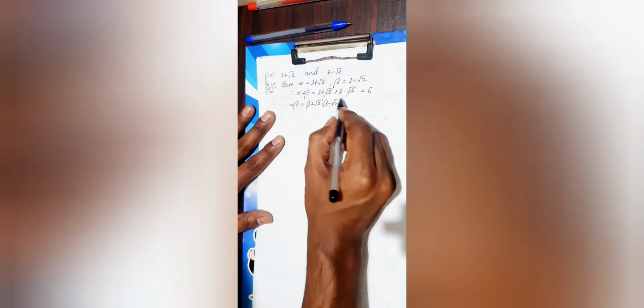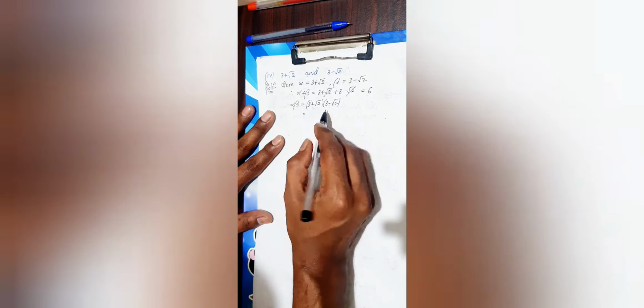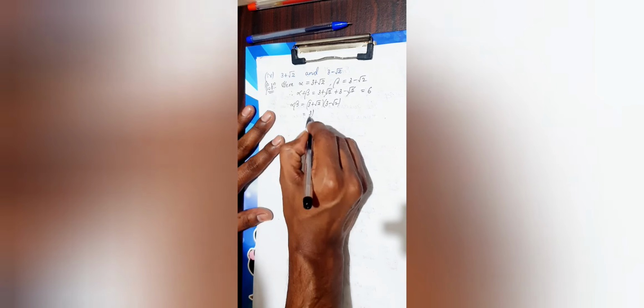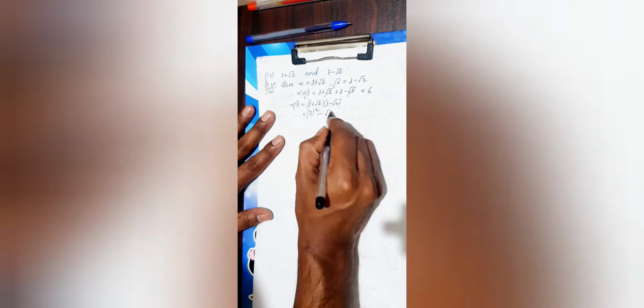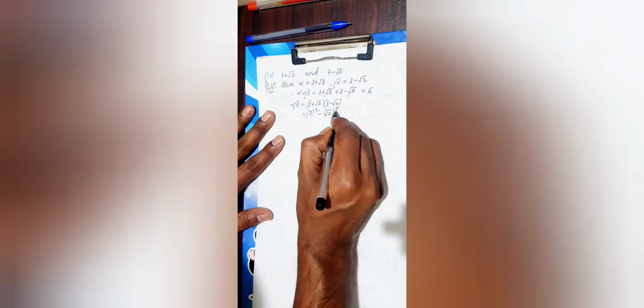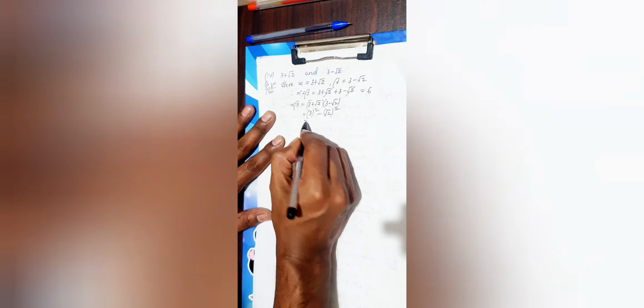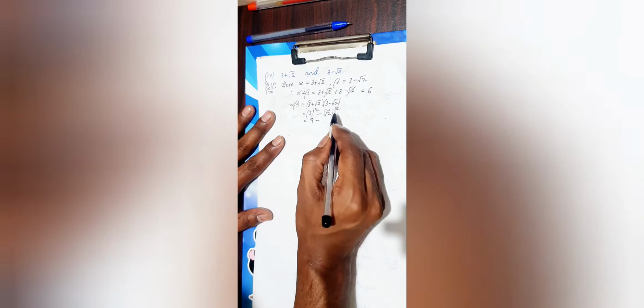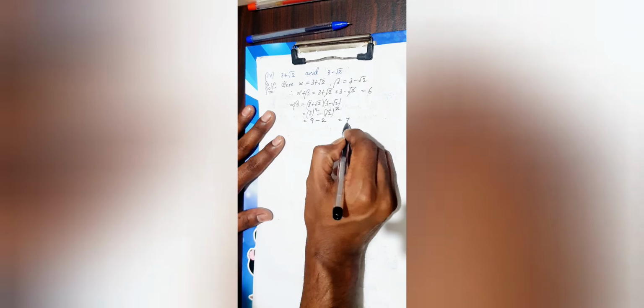This is of the form a plus b into a minus b. We know a plus b into a minus b is a square minus b square, that is 3 square minus root 2 square. So 3 square is 9, minus root 2 square, the square and root get cancelled, you will get 2 itself. So 9 minus 2 is 7.